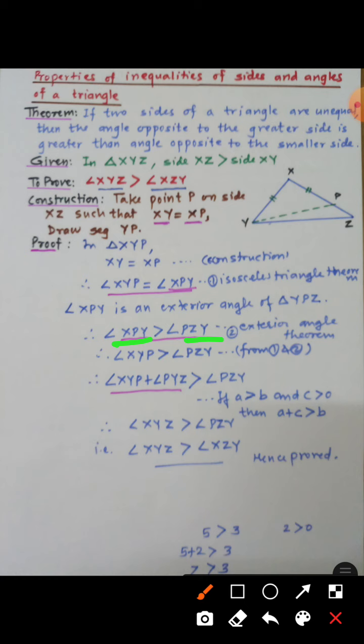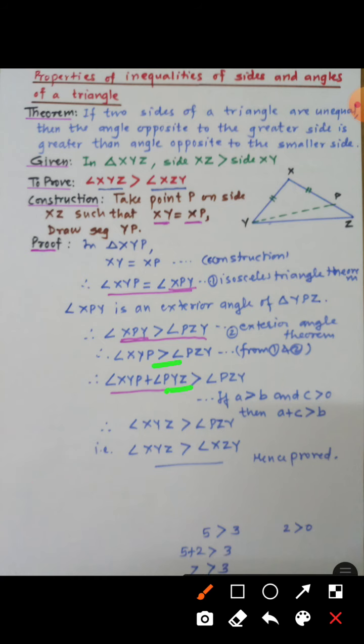Therefore, from 1 and 2, angle XYP is greater than angle PZY. Now I am adding angle PYZ to the left side of this inequality. What will we get?